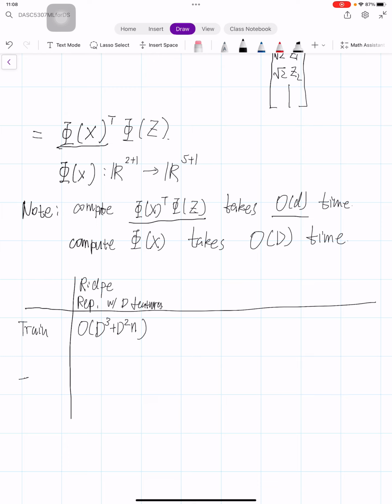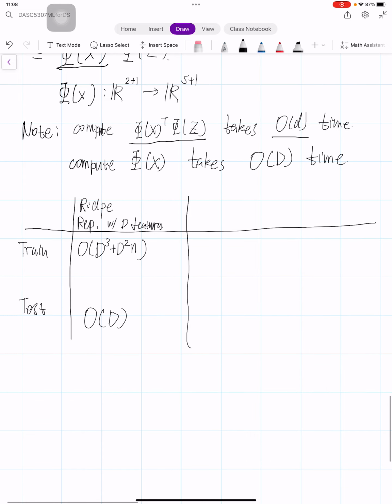For testing, it also takes d-dimensional time, which is very time consuming for large d. For example, d could be 1 million.